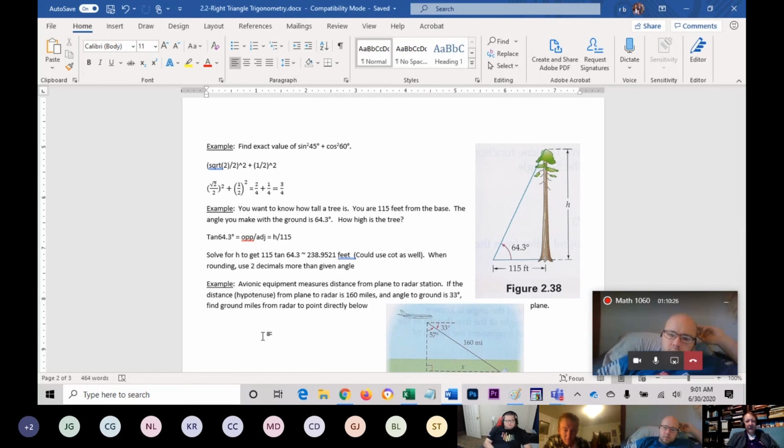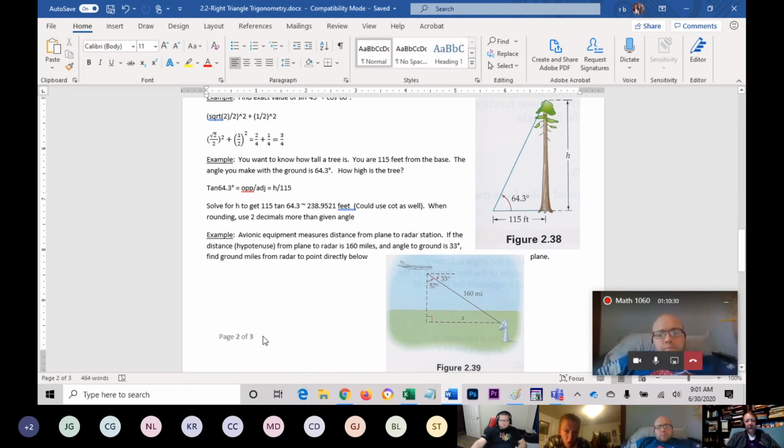So how would we do this? Well, you'd want to find the angle between the radar on the ground and the plane. Does that make sense? It says 57 in the picture. So you'd want that, and then you're trying to find x, which is the opposite of that angle.